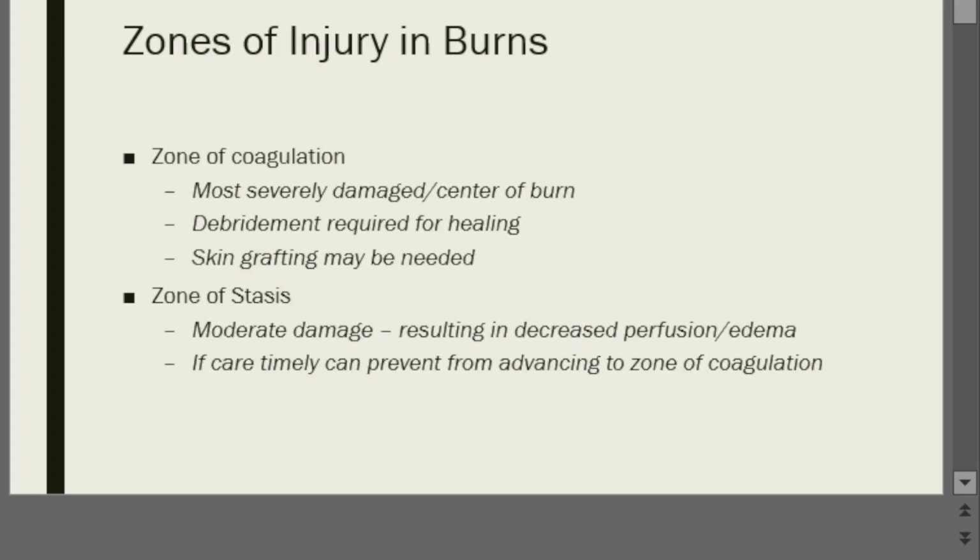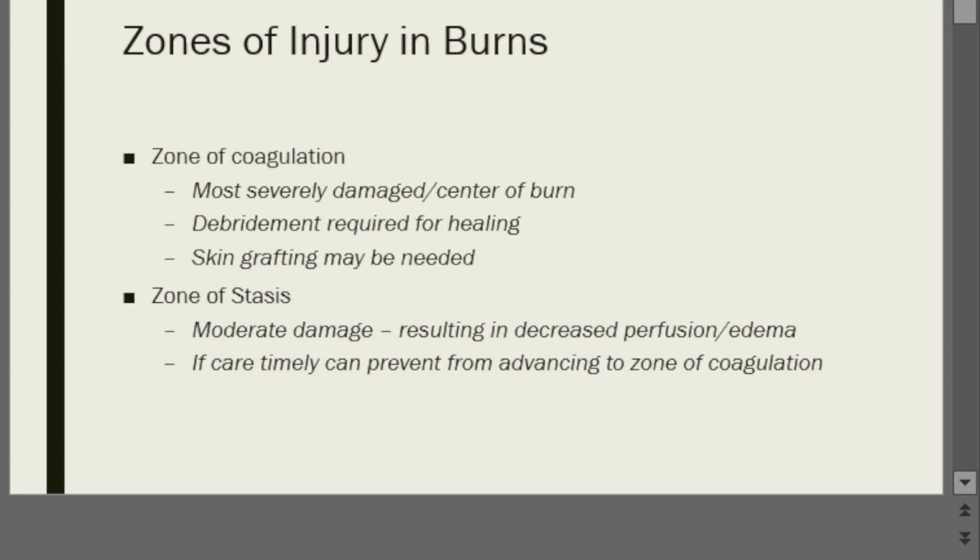And within our zone of stasis, this is where moderate damage occurs, and it results in decreased perfusion and edema. Because of this, there's some likelihood that we are going to need some debridement help for that too.